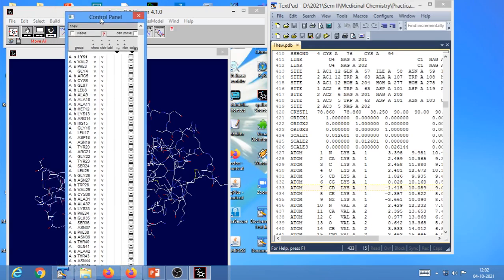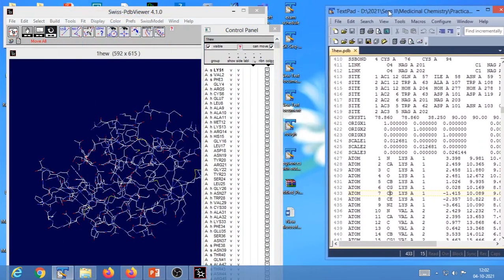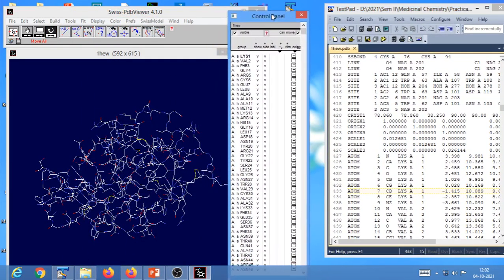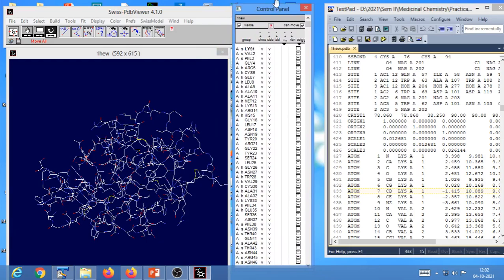For that you would require this control panel. Let me arrange these things properly. In your control panel, the amino acid residues present in your protein are listed. At the first position you have lysine, at the second position the amino acid residue valine, at the third position phenylalanine, and so on and so forth.